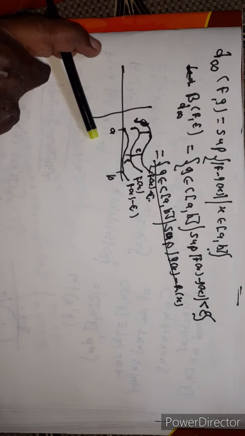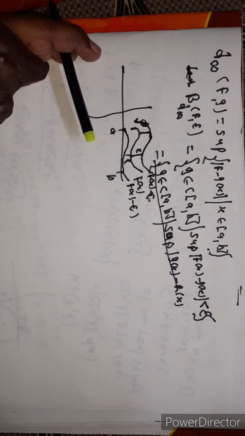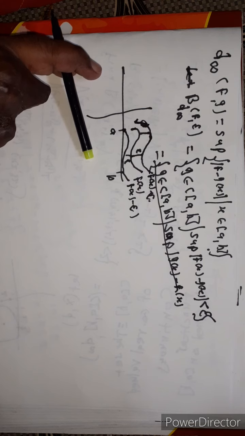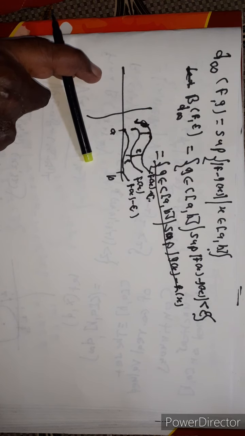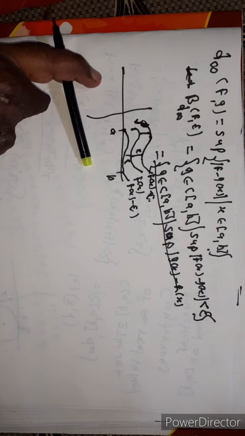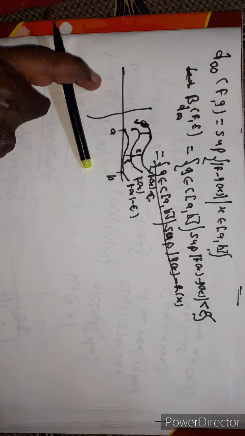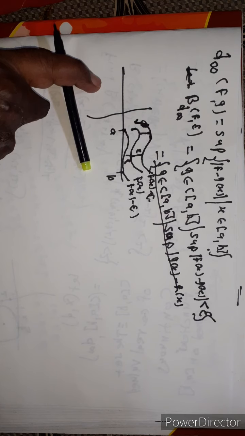Now d∞(f, g), the distance between f and g, where f and g belong to C[a,b], is the supremum of the set |f minus g of x| such that x belongs to [a,b]. Therefore, B_d∞(f, epsilon) is the set of g belonging to C[a,b], that is, the set of all continuous functions on [a,b] such that the supremum of |f(x) minus g(x)| is less than epsilon.